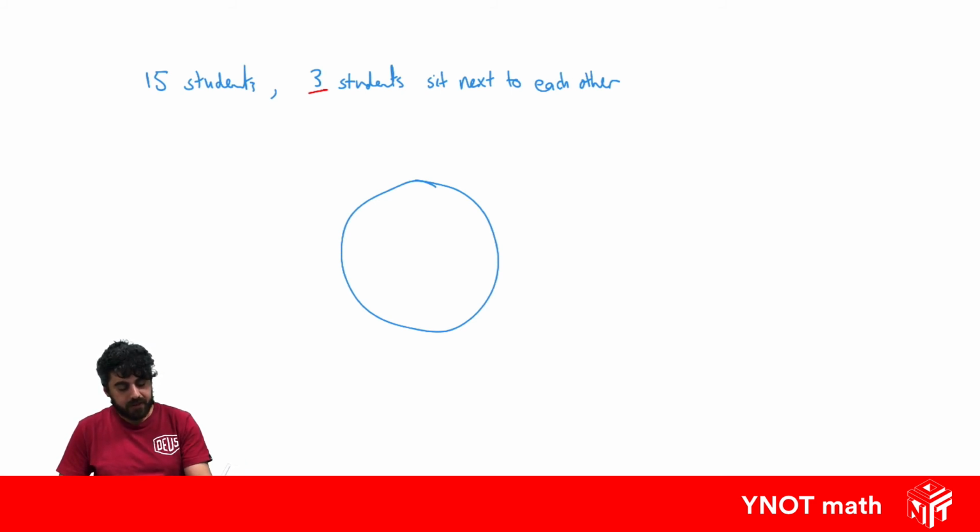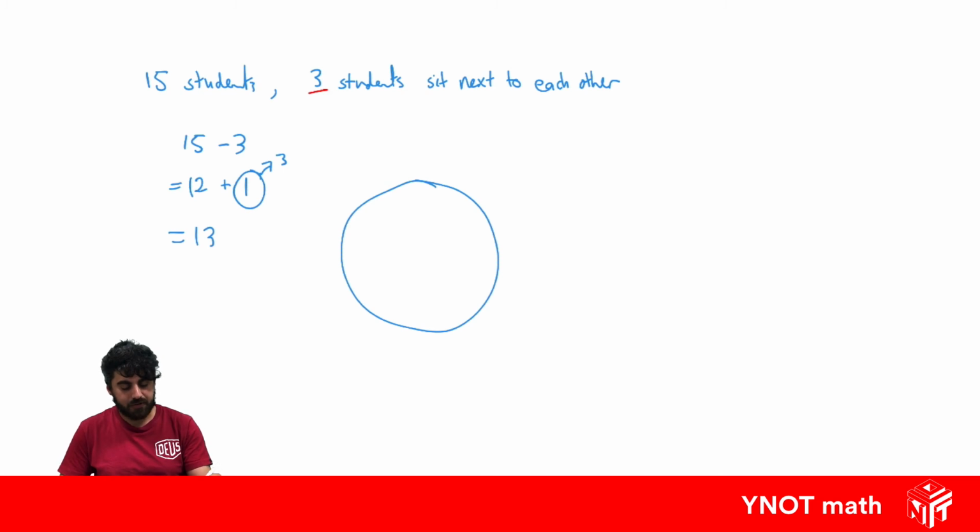So that would mean that those 3 students are all going to be treated as one student. So we can do 15 minus 3 to give us 12. Add one of them back, as they're all the 3 students as 1. So this 1 represents the 3 students we're treating as 1. So we're going to be treating this group as 13 people.